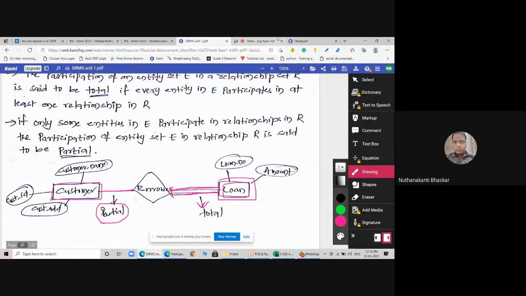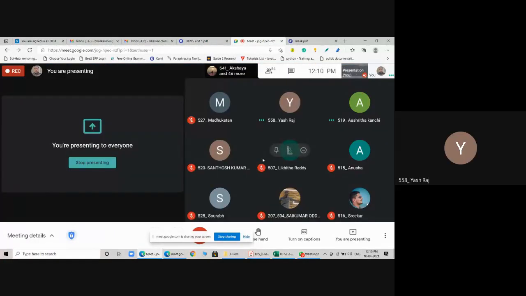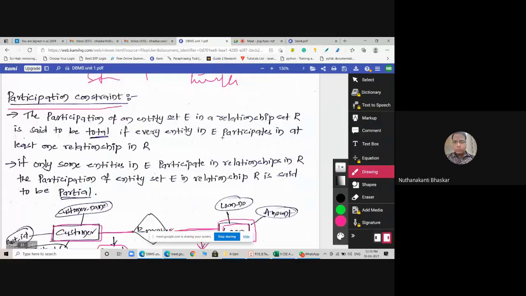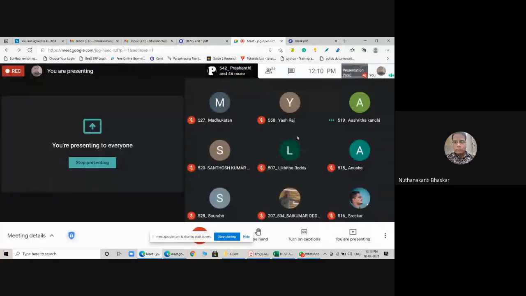Can you tell one example on participation constraint, so that I can conclude the class, please? I'm expecting one example from you.